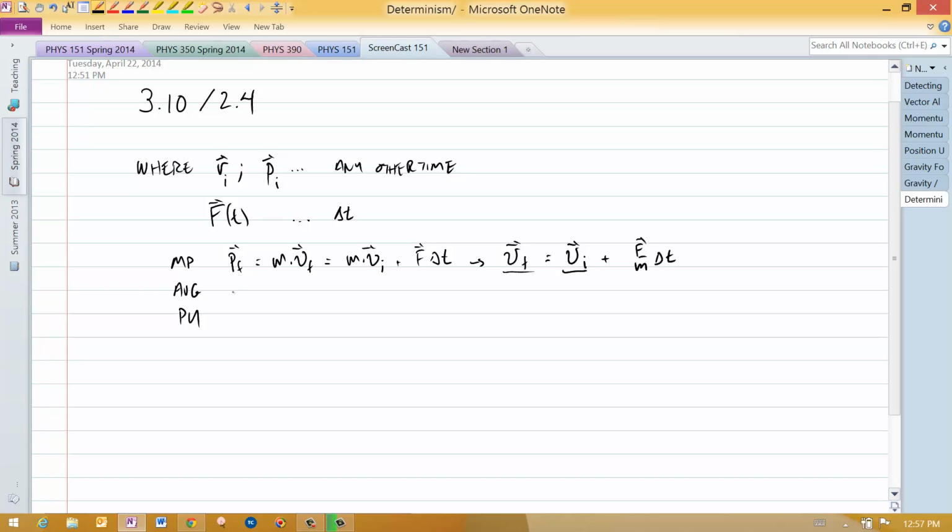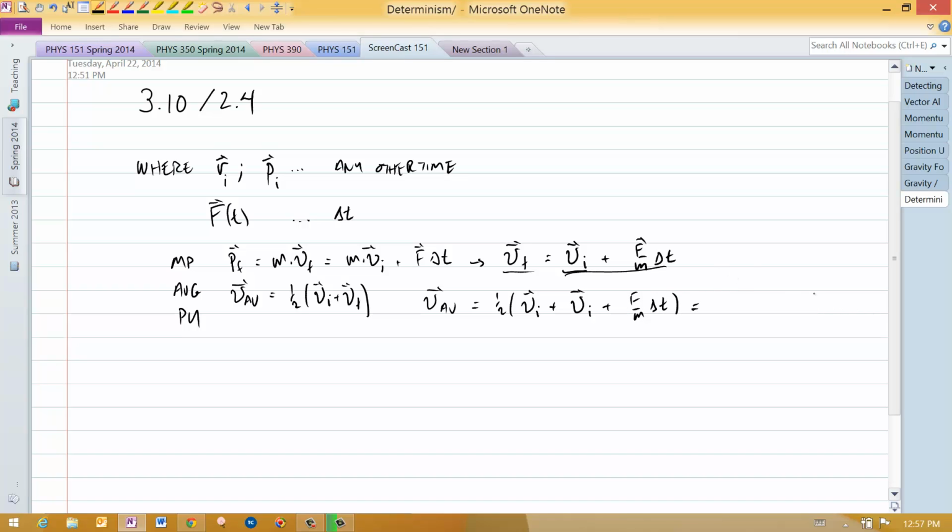Now, the average velocity. The average velocity is the thing that tells me where the object actually goes. So v average is equal to 1/2 (v initial plus v final). Well, I know what the final velocity is, so v average is then equal to 1/2 (v initial plus, here's my expression for the final velocity, I'll just put it in, v initial plus F over m times delta t).